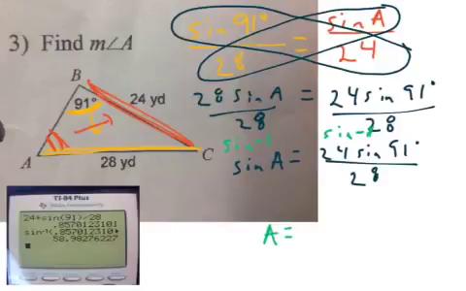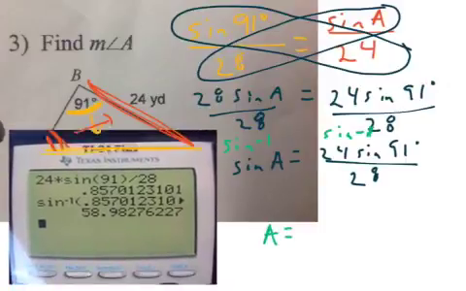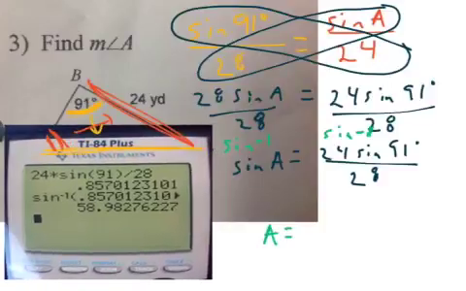And if you look over here, again, at my little picture, you will notice that the sine inverse, follow the green, of 24 times sine 91 divided by 28 right there is 58.98.